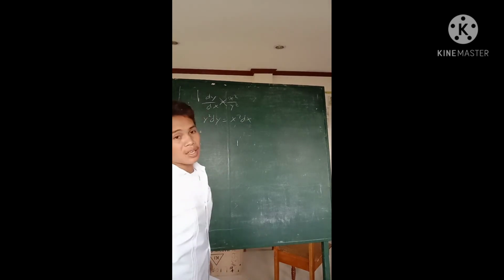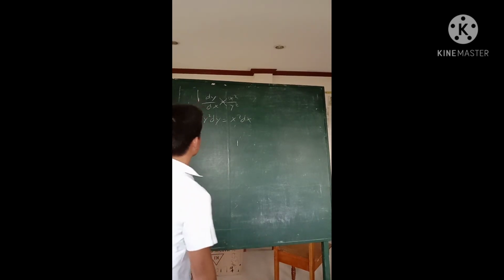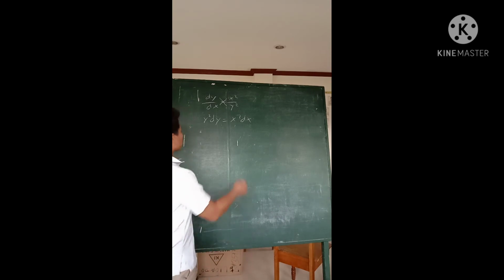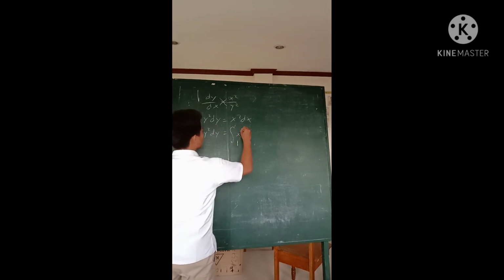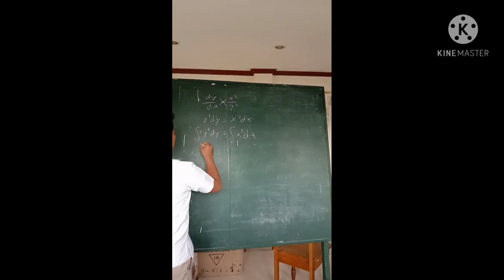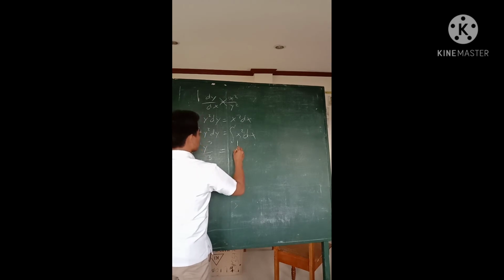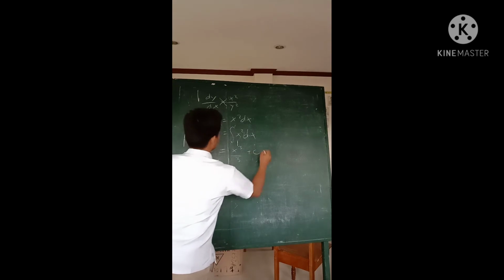So we can easily integrate. The integral of y squared dy equals the integral of x squared dx. So y cubed over 3 equals x cubed over 3 plus c.